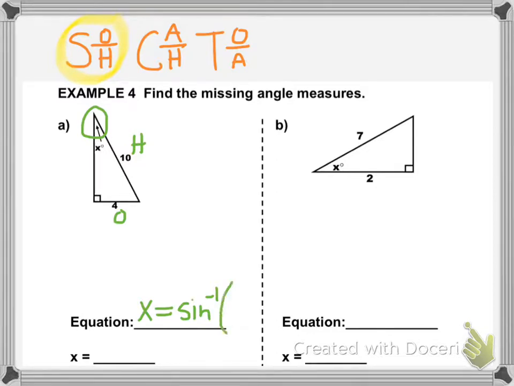And then right after that, you put the ratio for sine, which is O over H, or in this case, 4 over 10. These are actually a little bit easier. All you have to do now is type this part into your calculator, and boom, that's going to be the angle measure. We're going to go ahead and round to, let's round to 1 decimal place again.